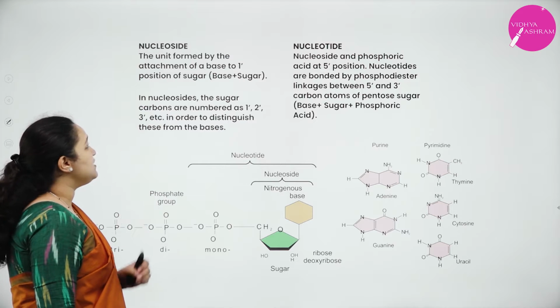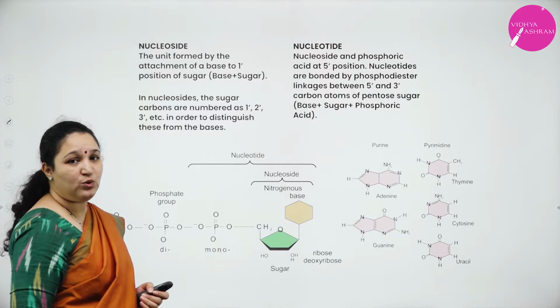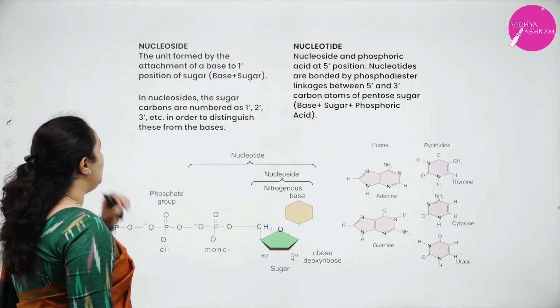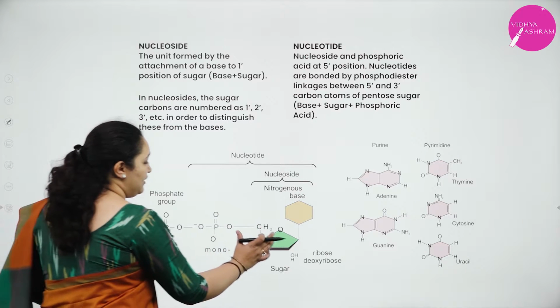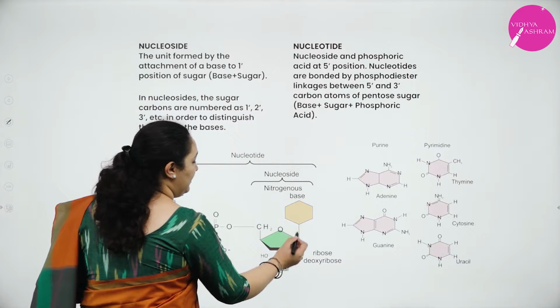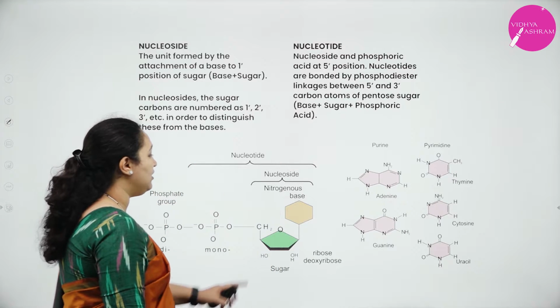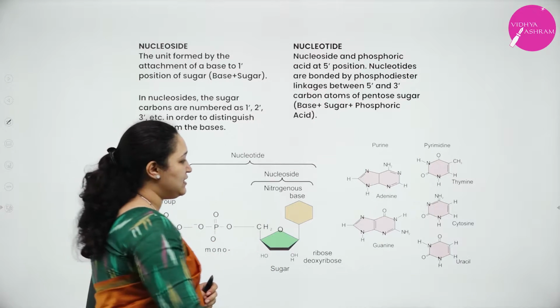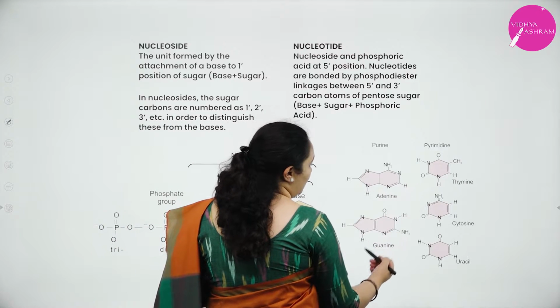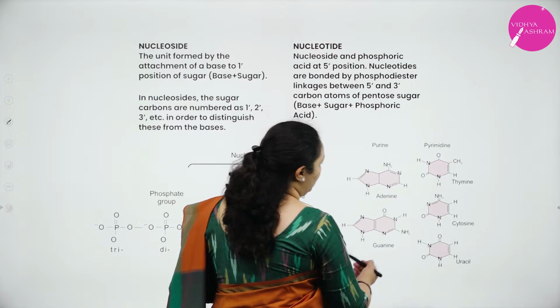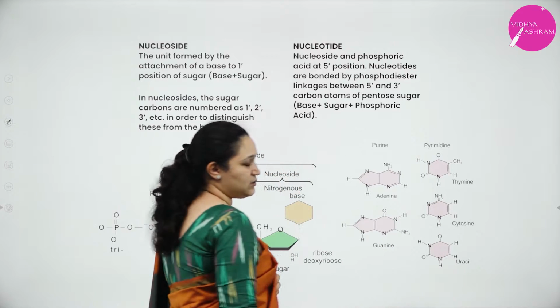Next is what is nucleoside and what is nucleotide. Okay, so a nucleoside is formed if the sugar moiety in its first carbon atom has got the nitrogenous base. You can see the structures here: A, G, T, C and U, purines and pyrimidines we have.